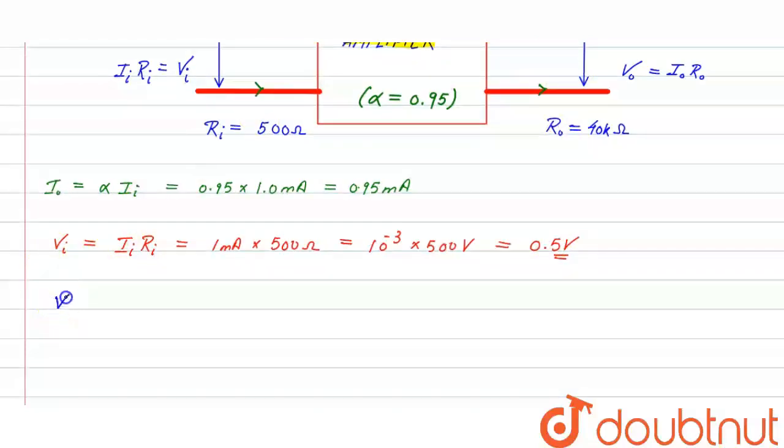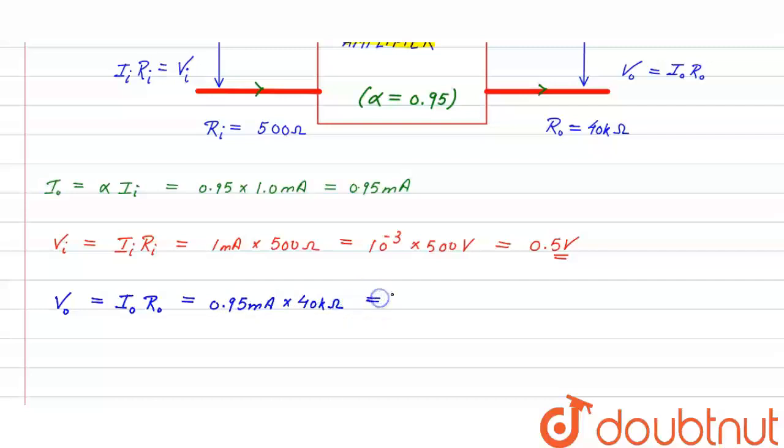In a similar fashion, we can calculate V O, that is output voltage, which is simply the multiplication of output current and output resistance, which is 0.95 milliampere multiplied by 40 kilo ohm.